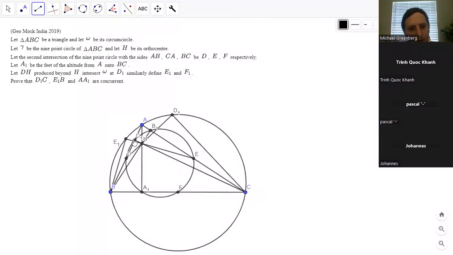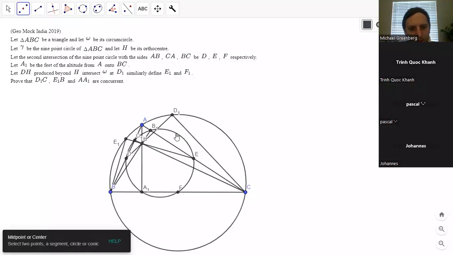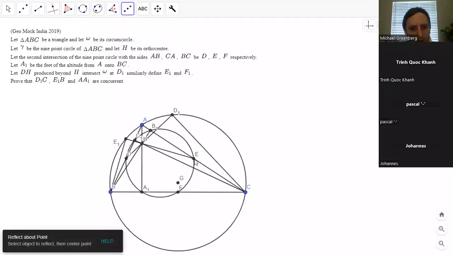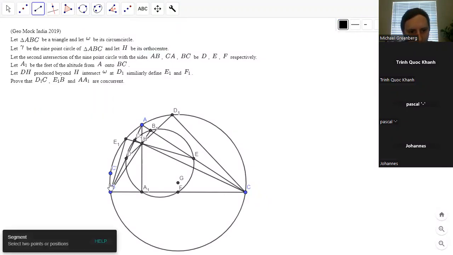Okay, so if you draw the point diametrically opposite of C, you said? Yeah, for example. Or of B, it doesn't really matter. Then that point is collinear with D and H, right? Yeah. That's a well-known fact.